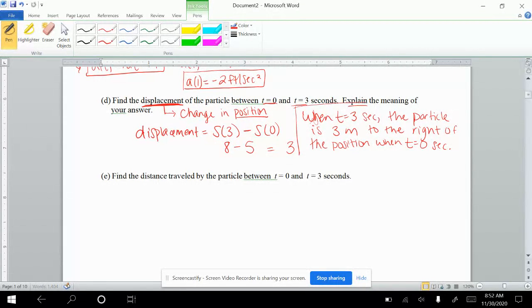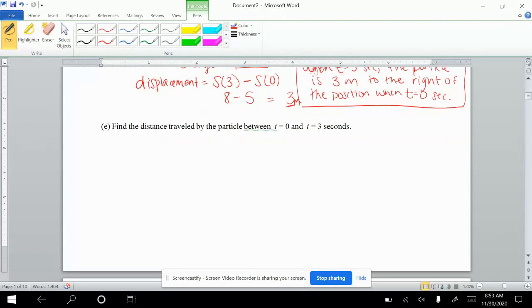So that is our explanation of what that outcome of 3 actually was. So we took t equals 3 and t equals 0. We figured out how much did it move, and our result was 3. This was 3 meters if you want to use units there. So when t equals 3 seconds, the particle is 3 meters to the right of the position when t equals 0 seconds. We're going to use that idea in part E now.